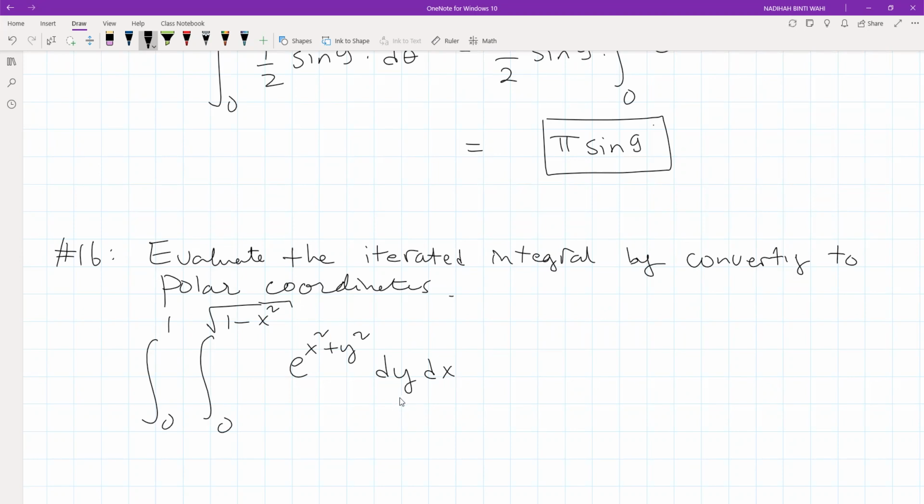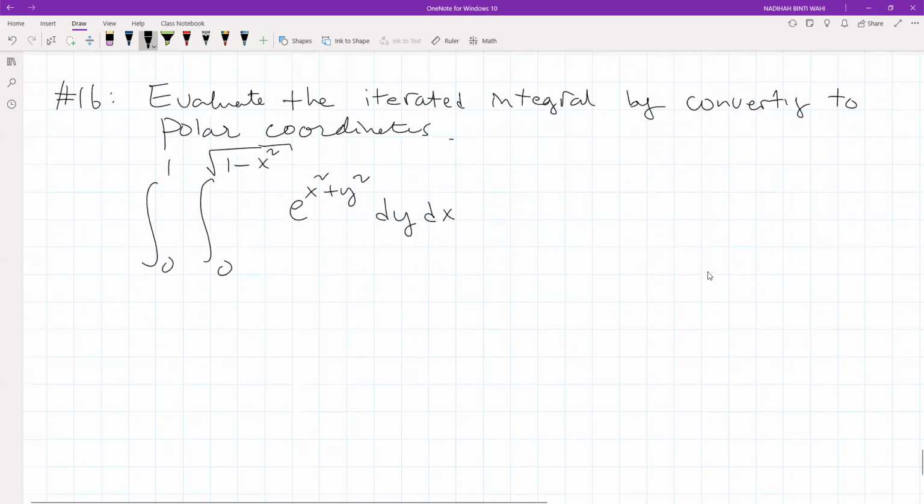Okay, if you want to directly integrate this one, it is no problem. But the question is to convert first into polar coordinates. So by hook or by crook, you need to convert. In this case, you just look at the formula.